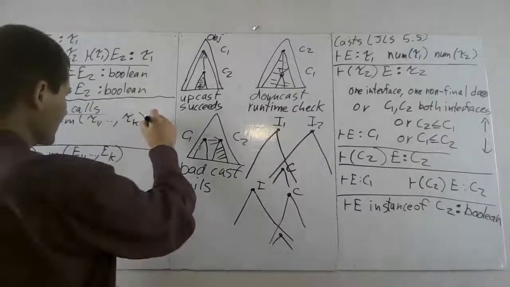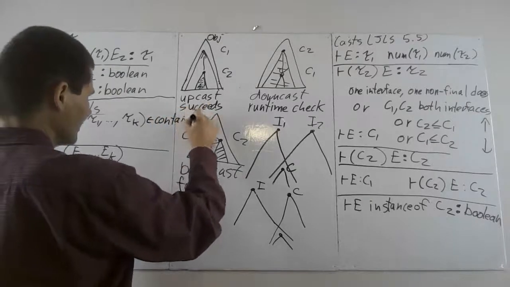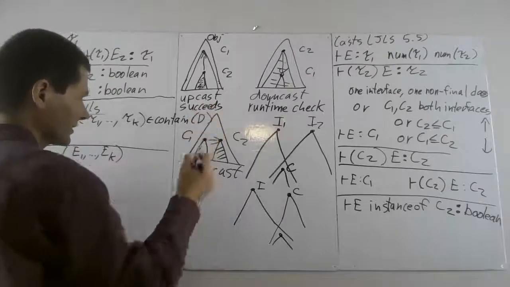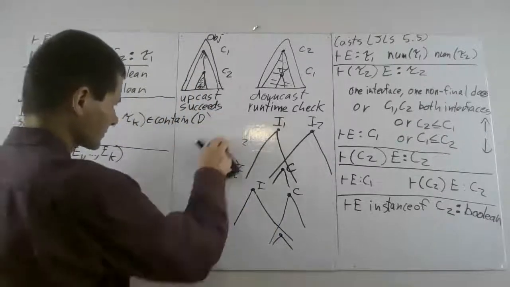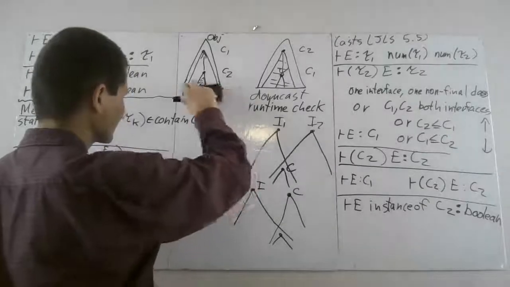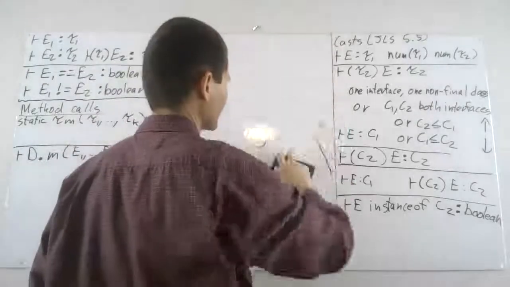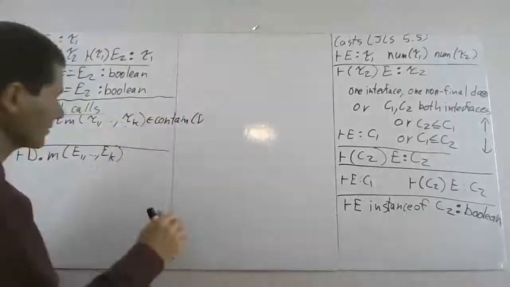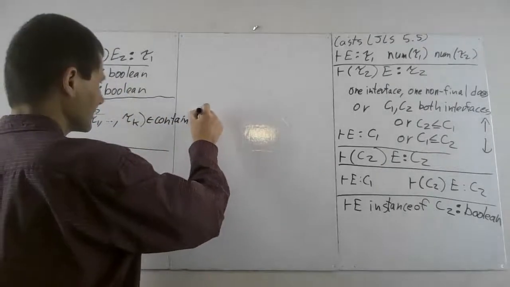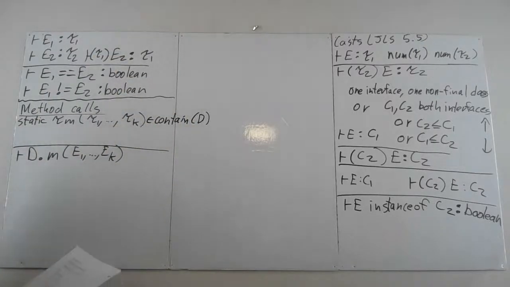And this should be in the contain set of D. Okay, so I'm going to find this method in the contain set of D. So it could be inherited from above or whatever.